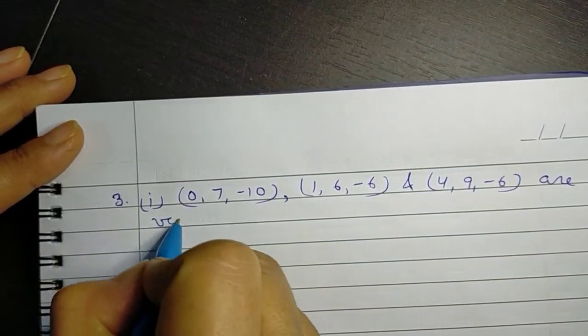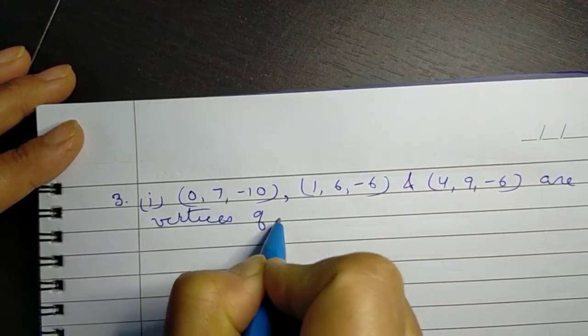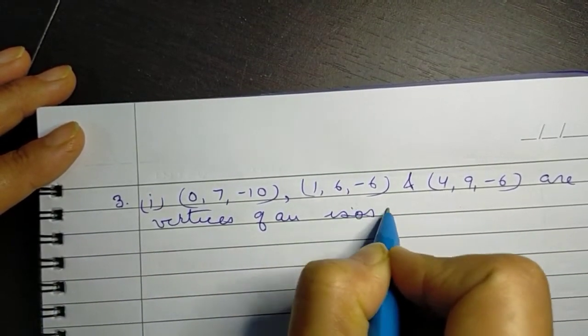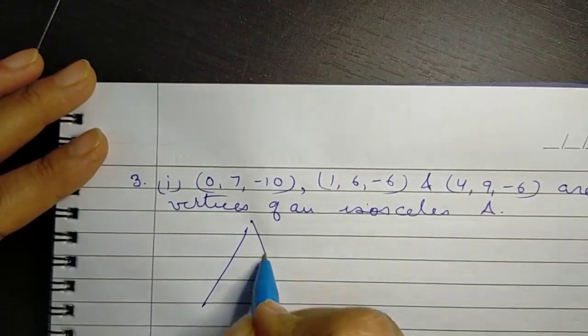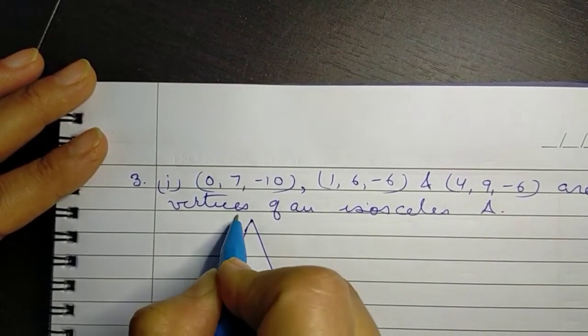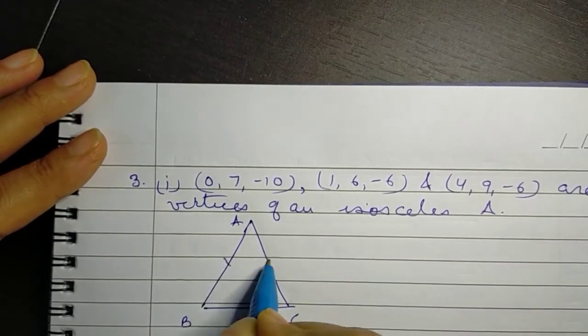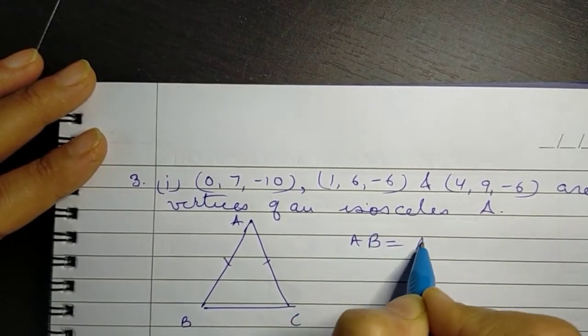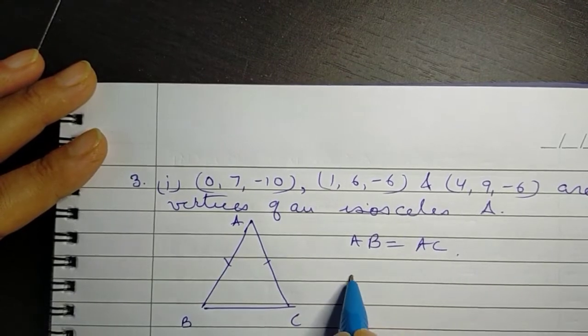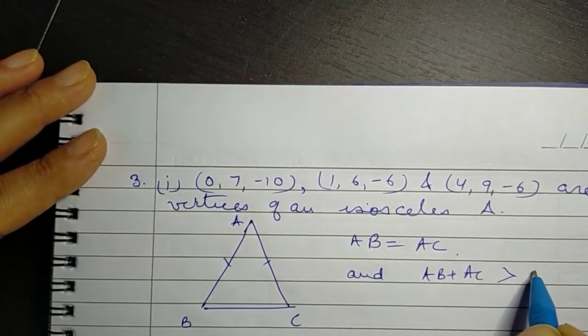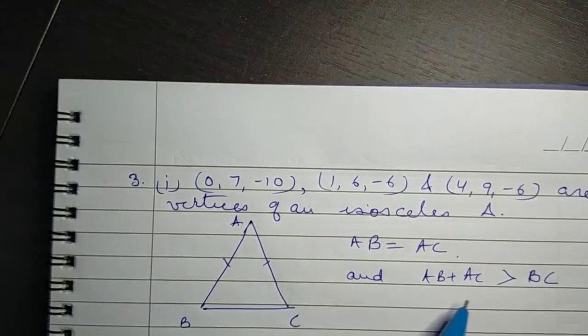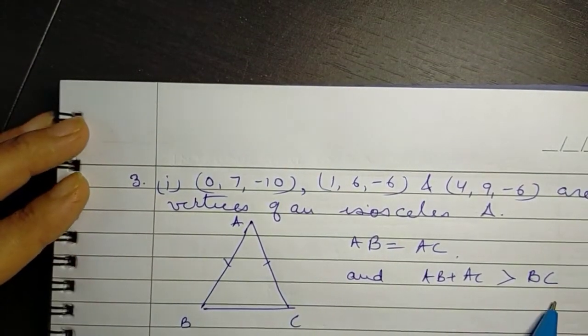Now in this case we know that a triangle is isosceles if AB equal to AC and AB plus AC is greater than BC. It is not equal to BC, but it is greater than BC.